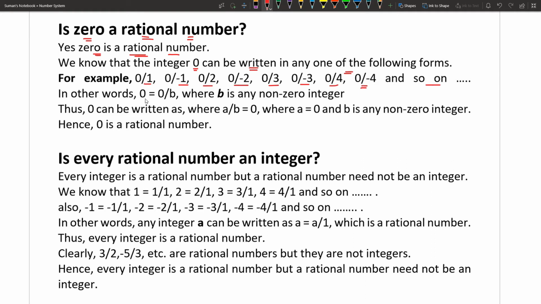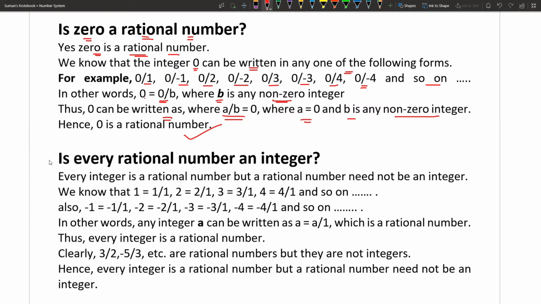In other words, 0 is equal to 0 by b, where b is any non-zero integer. Thus 0 can be written in the form a by b, where a is equal to 0 and b is any non-zero integer. Hence 0 is a rational number.